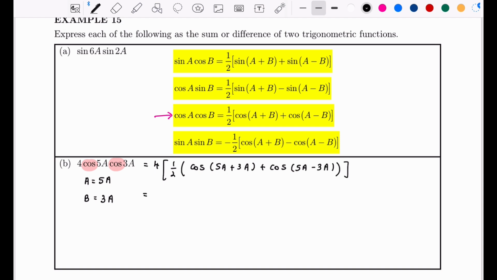Simplify, so 4 times half became 2, cos 8A plus cos 2A. This is our answer.